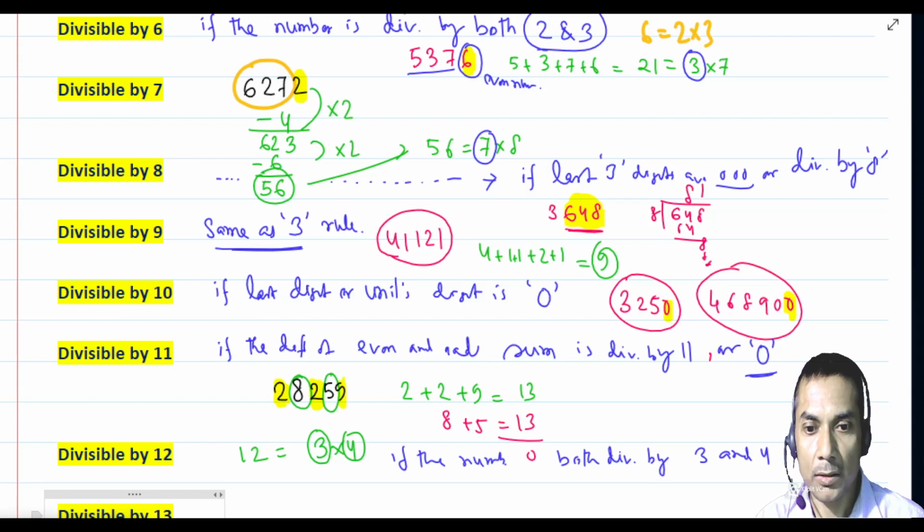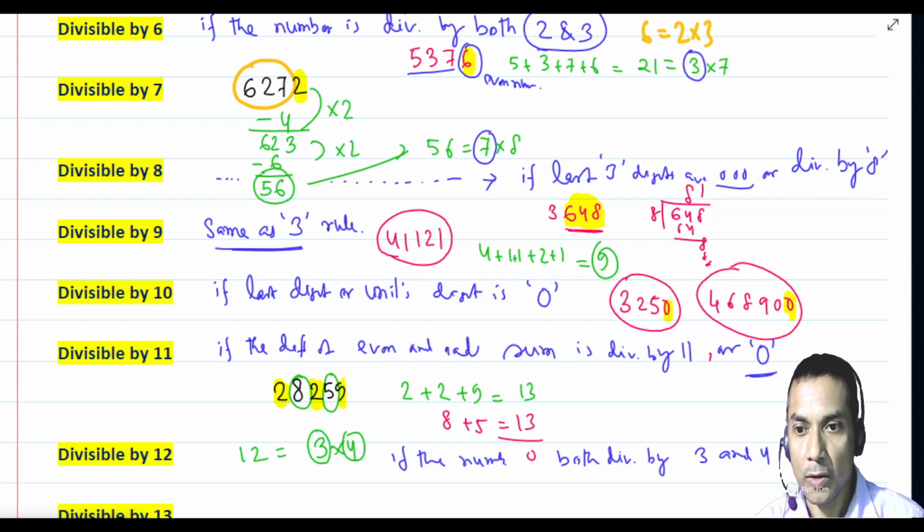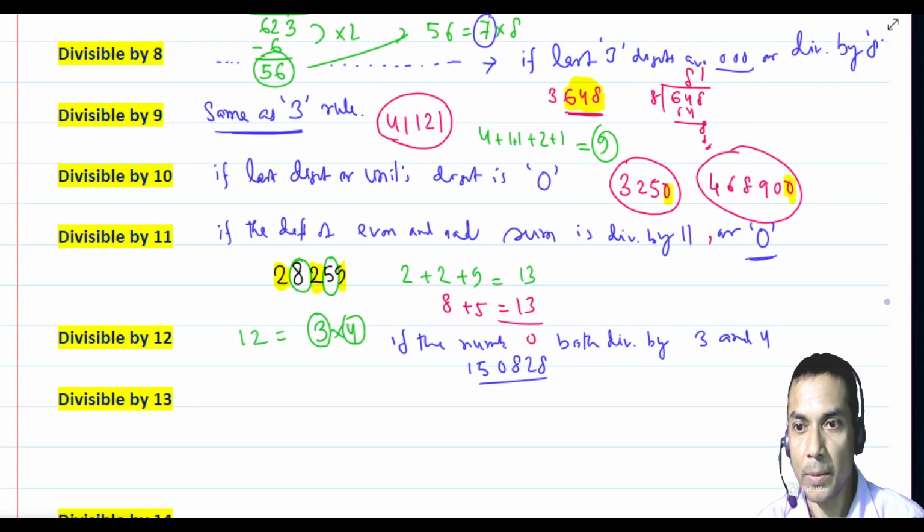For example, you can check yourself: this number 150828 is divisible by 12. You can check it by applying this formula.